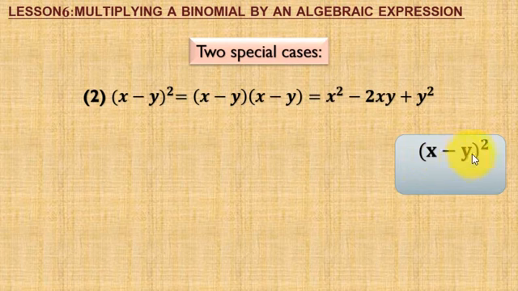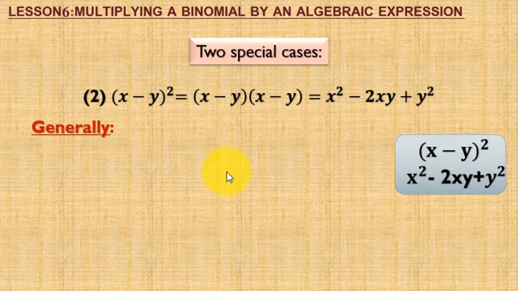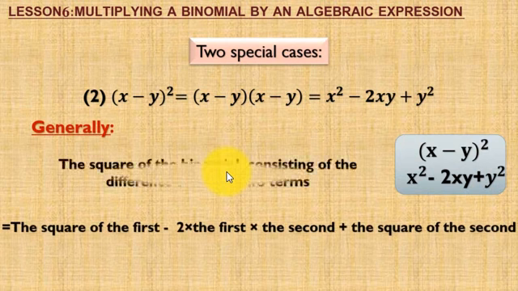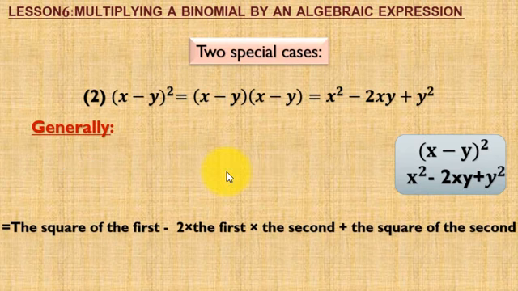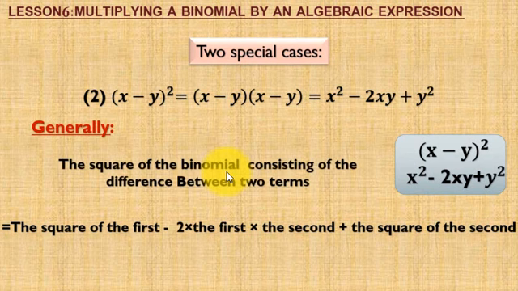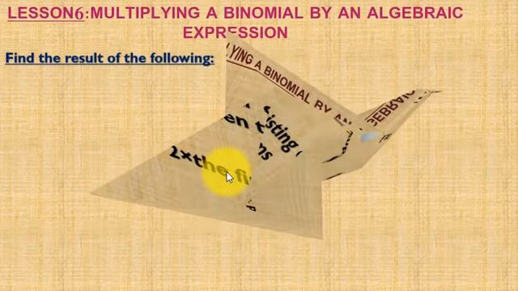Generally, we can say the square of the binomial consisting of the difference between two terms equals the square of the first minus 2 times the first times the second plus the square of the second.